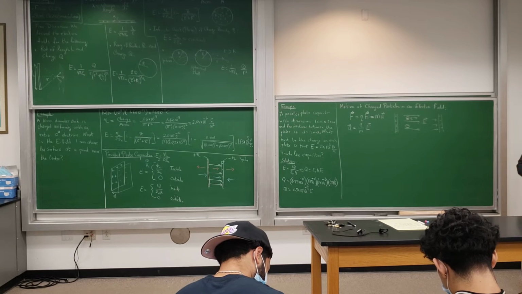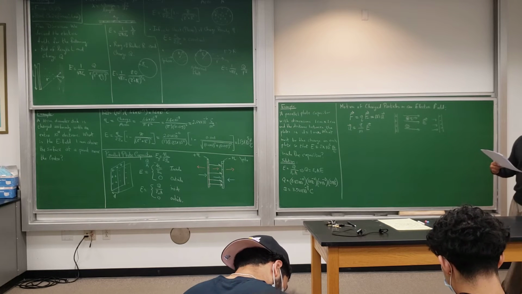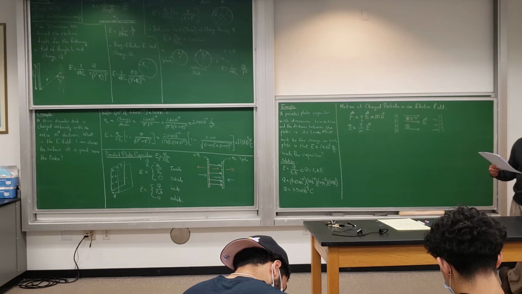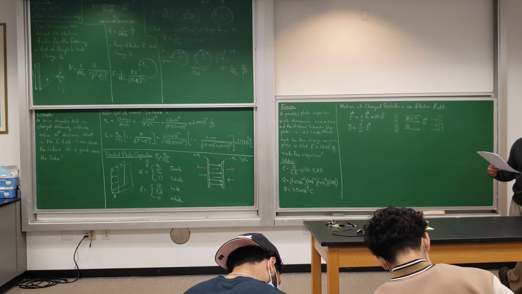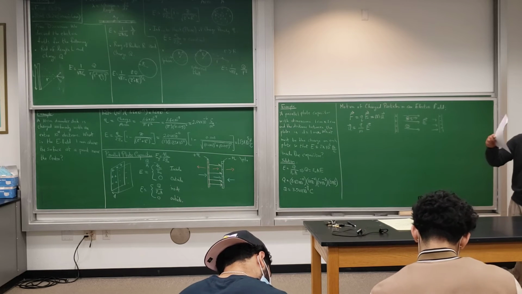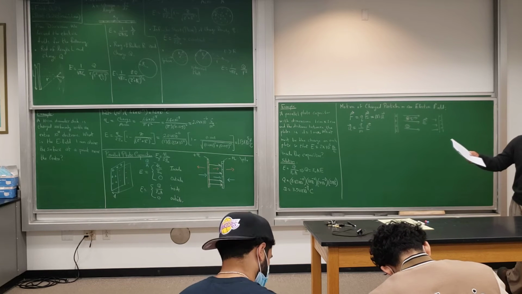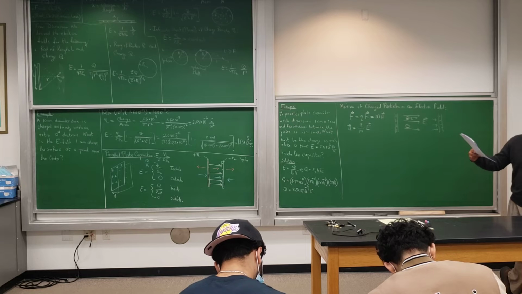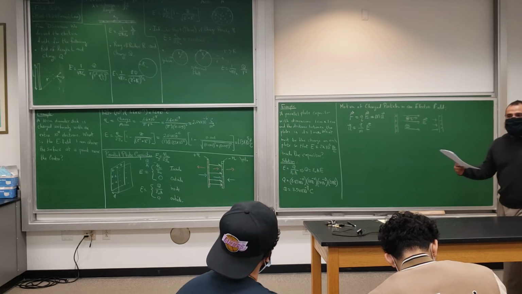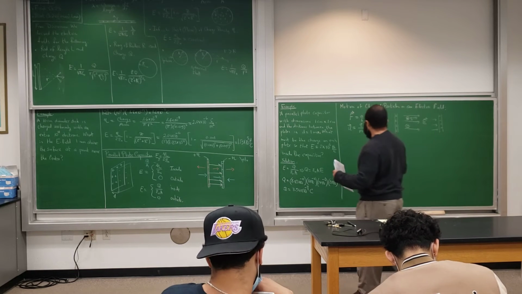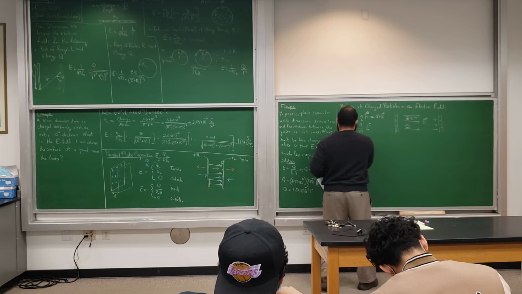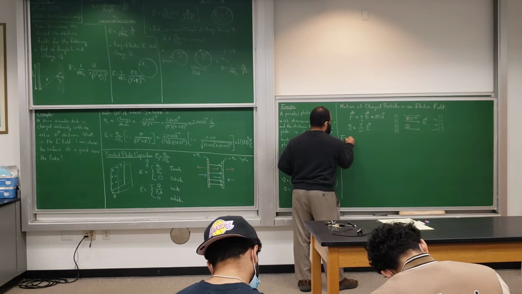So let's do a couple of examples, actually. It says two 6 centimeter diameter electrodes. So an electrode means a plus plate and negative plate. Sorry, here is an example: a parallel plate capacitor.